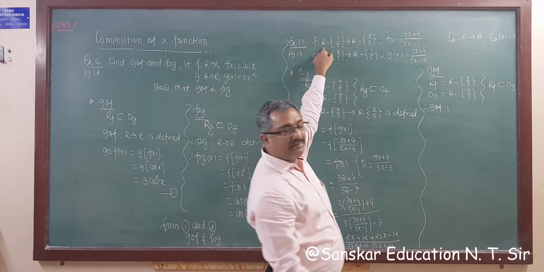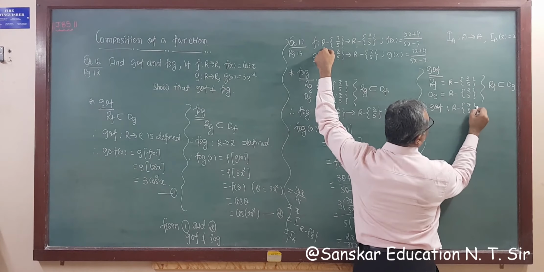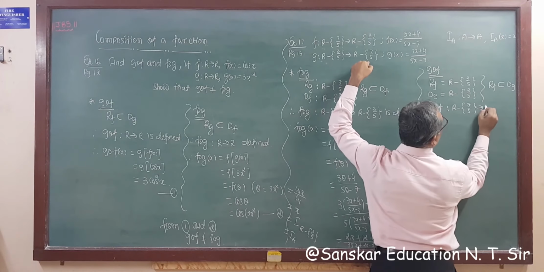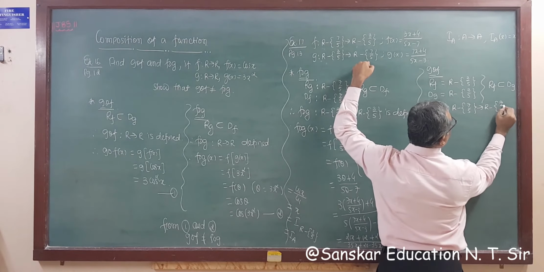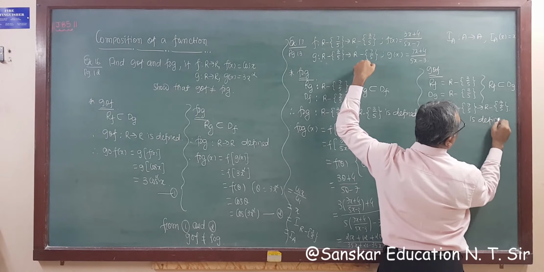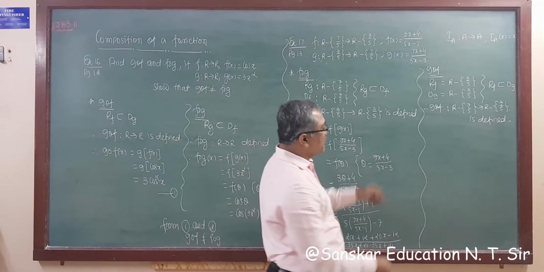So we have to take f first, that is from R minus 7 by 5 to R minus 7 by 5. Is defined. So now you can find out the value of g over f.